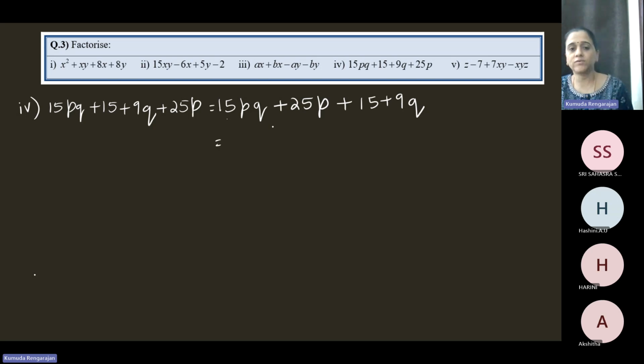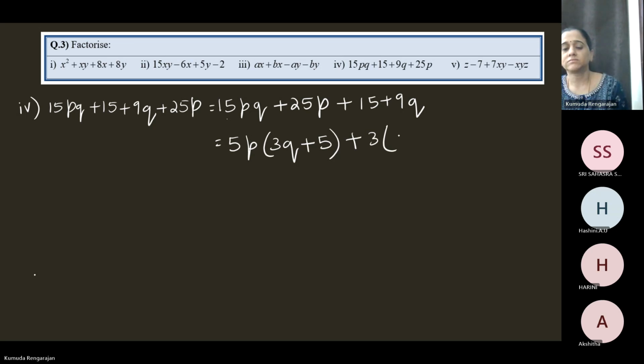So what's the HCF of the first two terms? 5p. Then the HCF of the next two terms is 3. 5p plus 3q plus 3q.